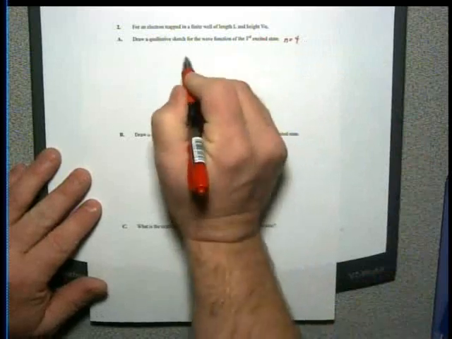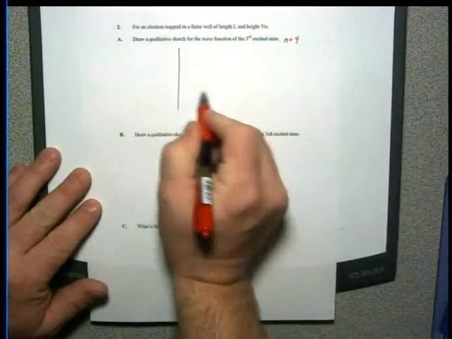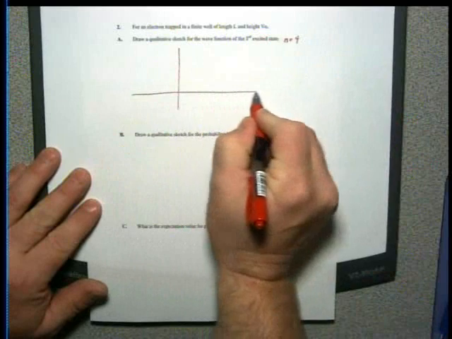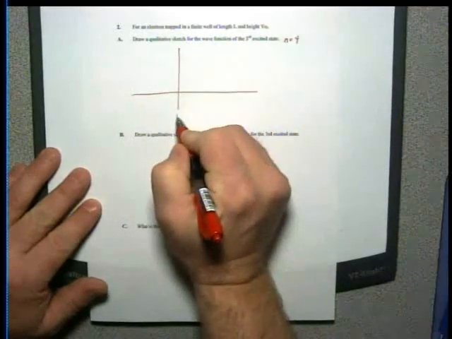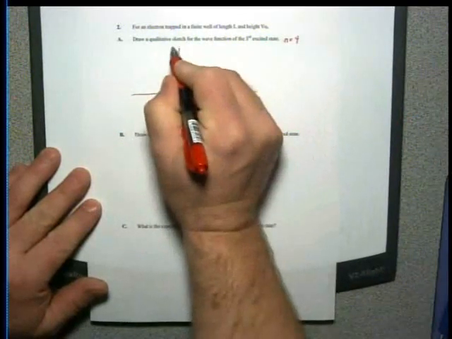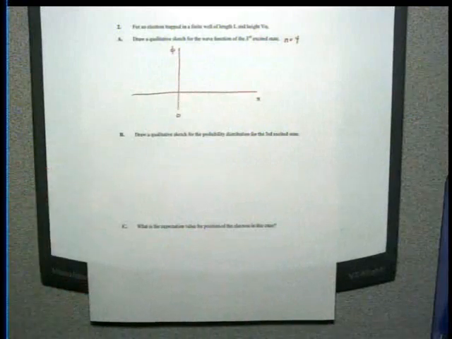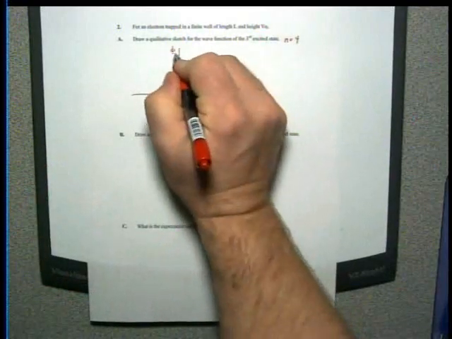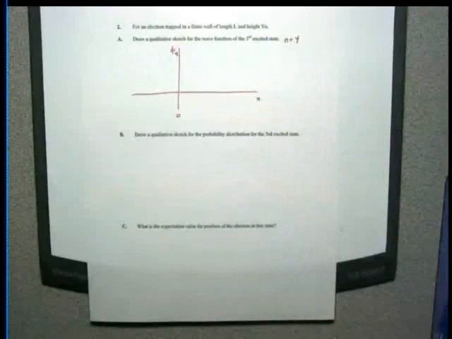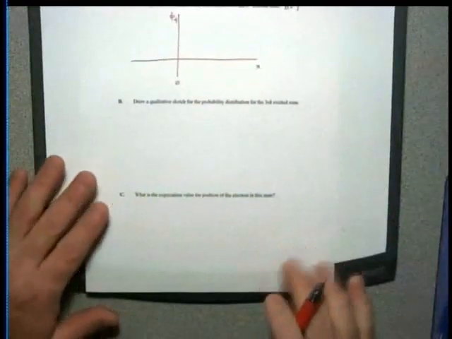So I want a wave function here. See if you can draw me the wave function for the fourth state. Once you finish that, I want you to draw me the probability distribution.